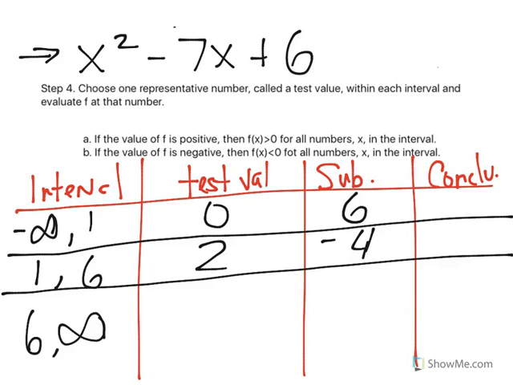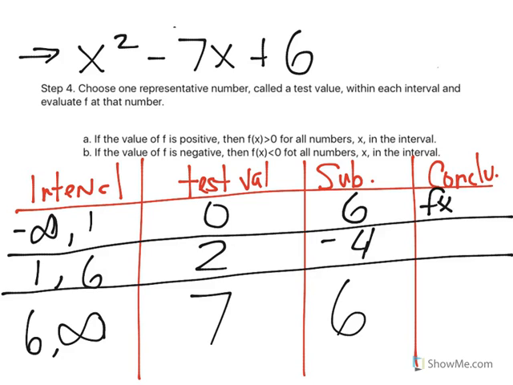Then for 6 to infinity, my test value is 7. So now I have 7 squared minus 7 times 7 plus 6. That would be 6. So my conclusion here is that my f of x is greater than 0.